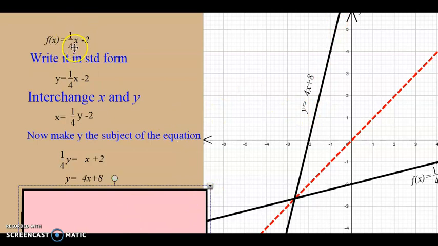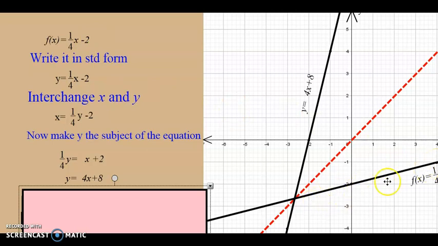My original function, if I substitute 0, my answer will be negative 2. So 0 and minus 2, I plot them. And then I will substitute, if I multiply here by 4, 4 times 1 is 4, 4 quarters is 1, minus 2 is minus 1. So at 4, my answer is minus 1.